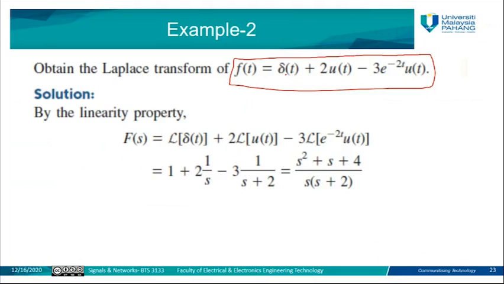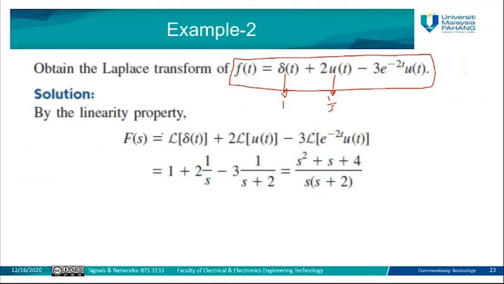For example, delta(t), we already found its Laplace transform, which is equal to 1. We have u(t) also, which is 1 over s. Then we have 3 e to the negative 2t, and we also have a similar form for it. Now, our task is how to benefit from the table in order to find the overall Laplace transform for this combination of functions.